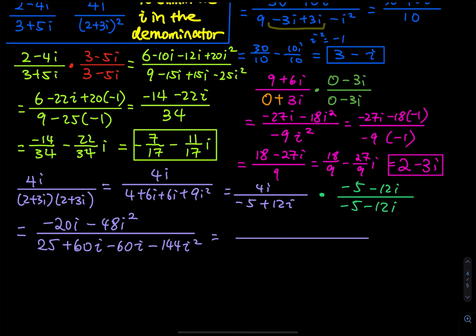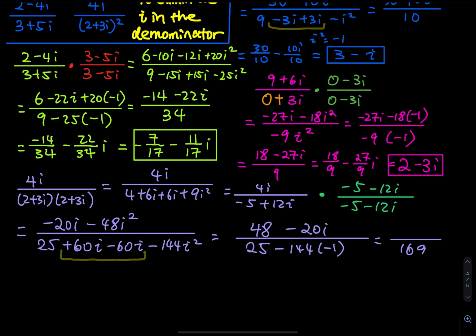The top, you have an i square, so that becomes a positive 1. So that will be a 48 minus 20i, because we let the real number itself go first, and then followed by bi, right? And then the bottom, we have something big to cancel, so this is canceled, and then you have a 25 minus 144 times negative 1, so that is 25 plus 144, which is 169.